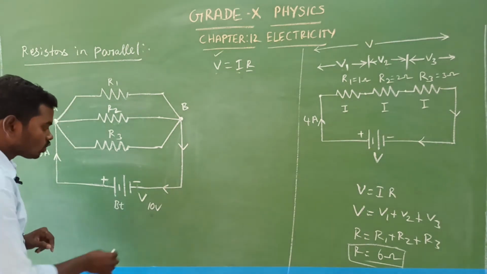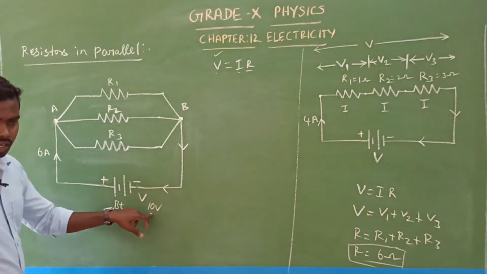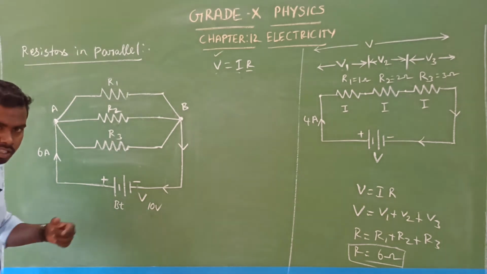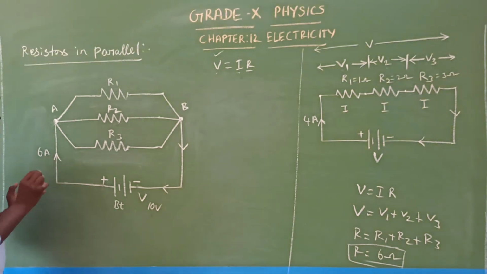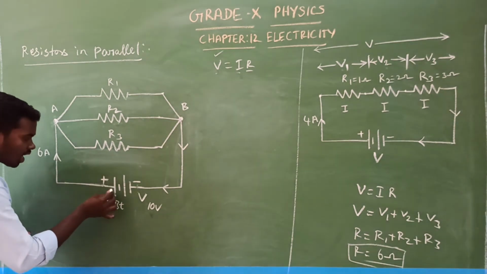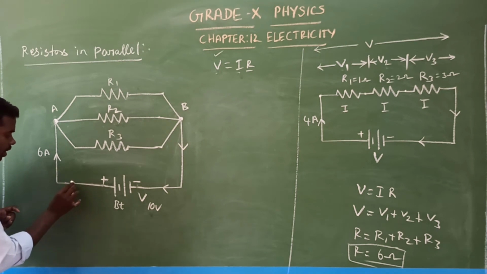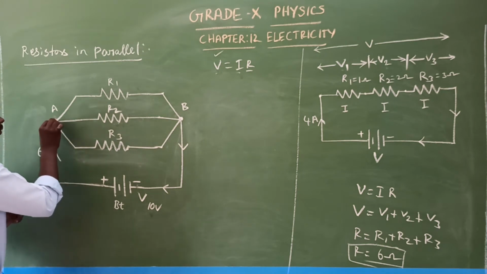Is it clear? So due to this potential difference, 6 ampere current flows from the positive terminal to the negative terminal. The current is coming here and here and here.